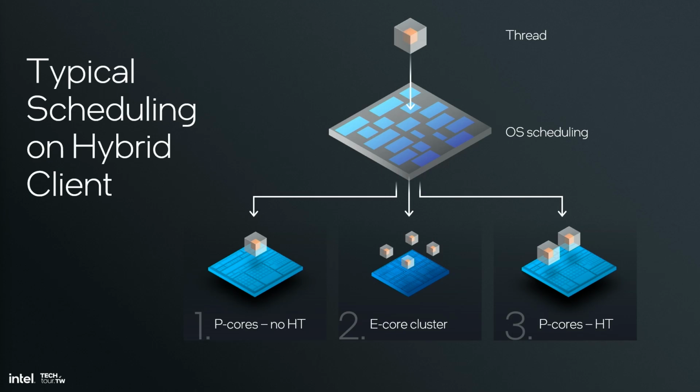Only when all physical cores had been populated is hyperthreading invoked on the P-cores. In other scenarios where efficiency or battery life matters, threads are first scheduled on the E-cores and then on the P-cores. Once again, only when all physical cores had been populated is hyperthreading invoked.